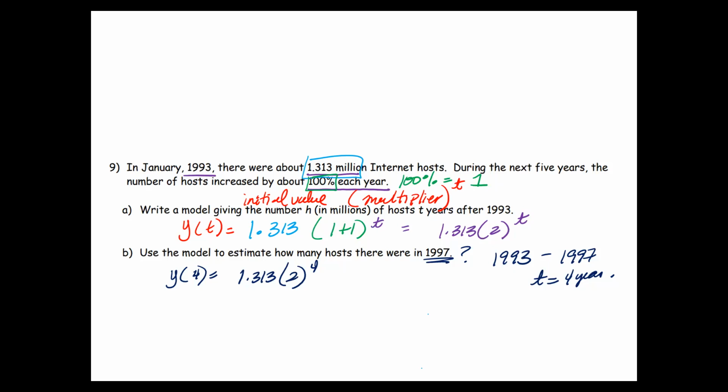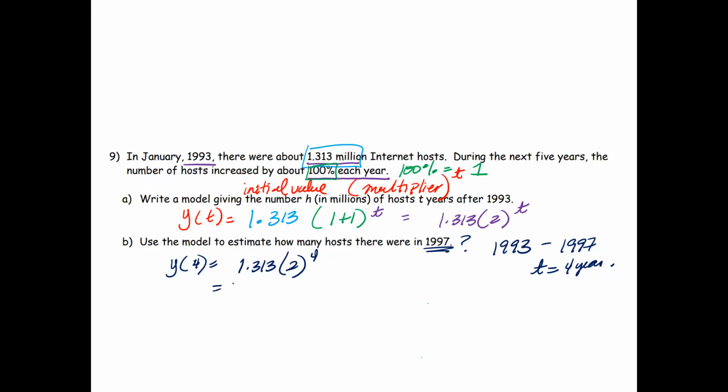That gives me 16, and then times that by 1.313, and that's going to give you 21 million. So you started off with 1.3 million, and now you have 21 million. But if I were to put this in actual number terms, it's 21,008,000.